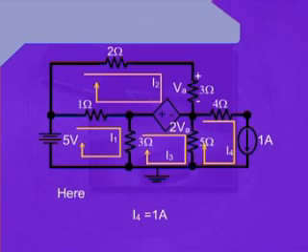Therefore, we can easily consider that the total current supplied by the independent current source is flowing through mesh number 4. The value for this independent current source has already been given in the question, which is 1 ampere. Therefore, safely we can write I4 is equal to 1 ampere.